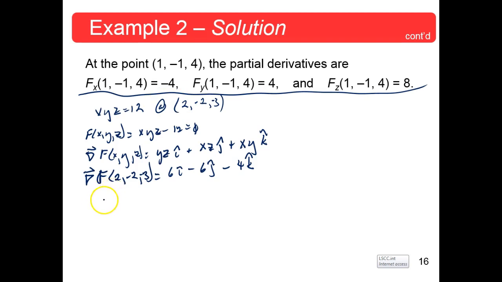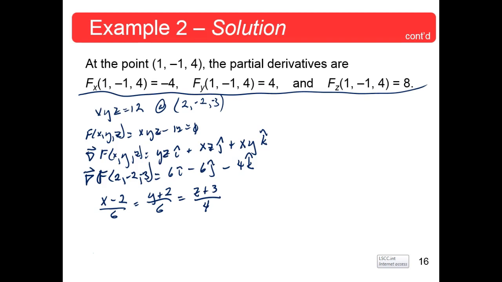And the normal line is x, and by the way, they say symmetric equations, and they mention those there too. x minus 2 over 6 is equal to y plus 2 over 6 is equal to z plus 3 over 4. Okay.